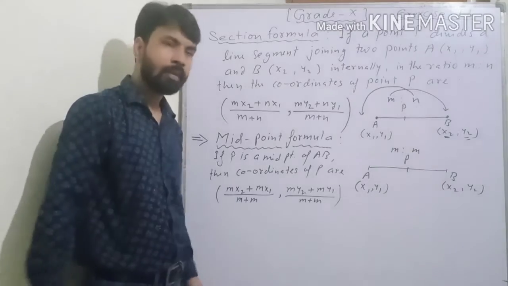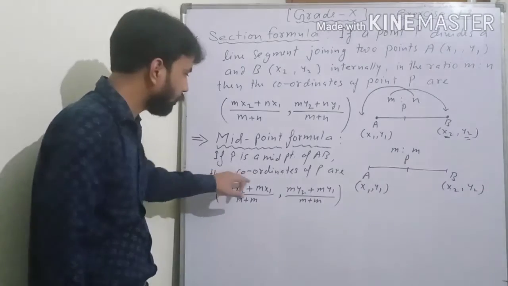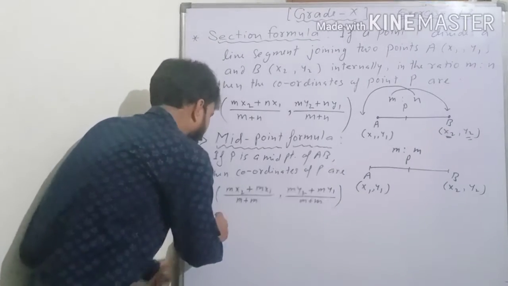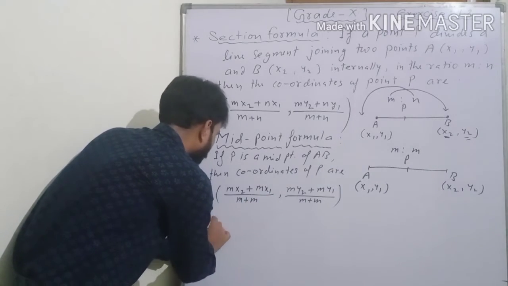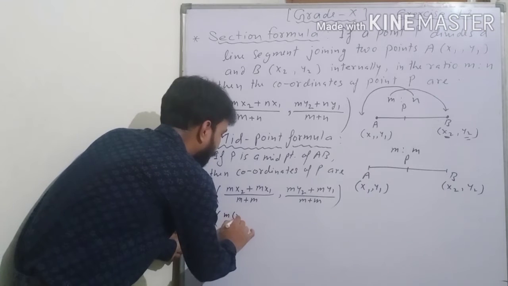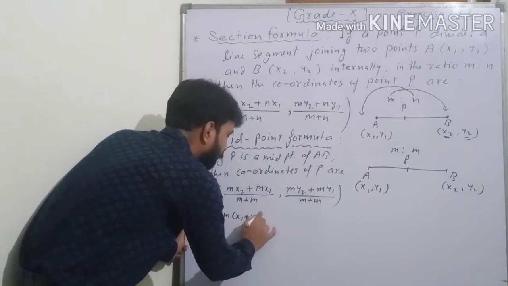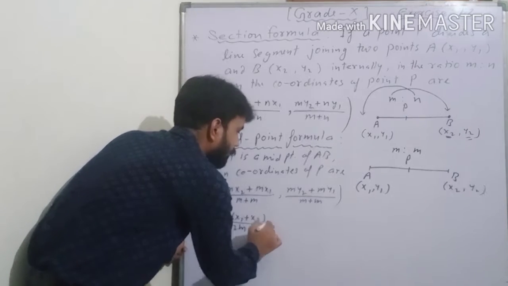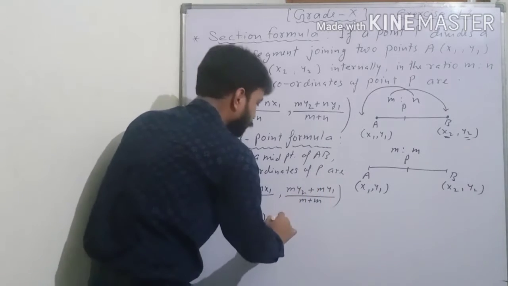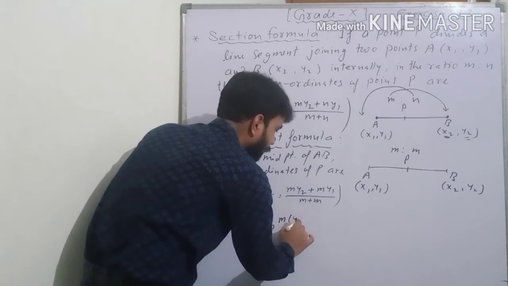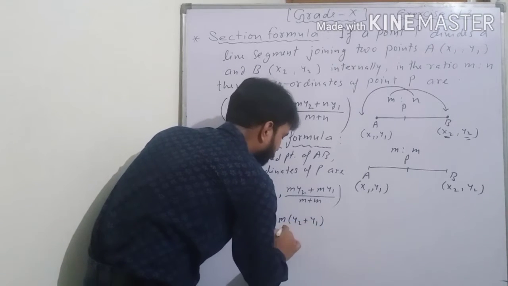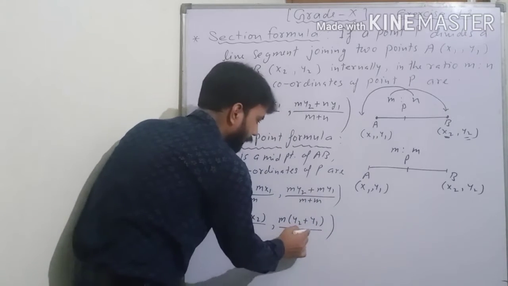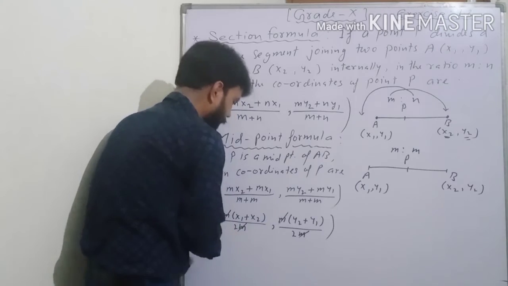Is it clear? Now see, beta, m can be common from the numerator because mx2 plus mx1 is there. So we can take m common. If m is common, then we will get x1 plus x2 upon m plus m, which is 2m. Similarly, we can take m common from this numerator, so we will get y2 plus y1 upon m plus m is 2m. Now see, this m and this m can be cancelled.